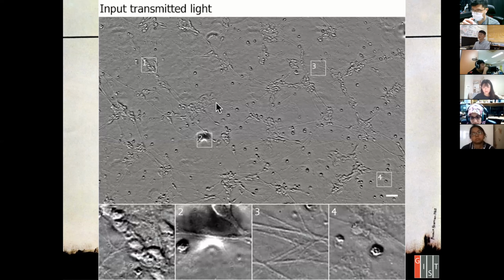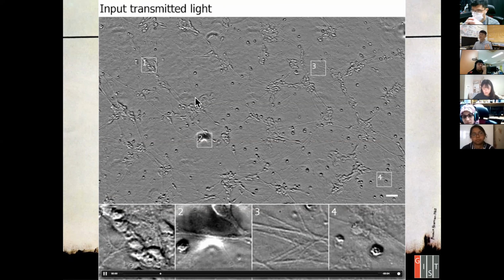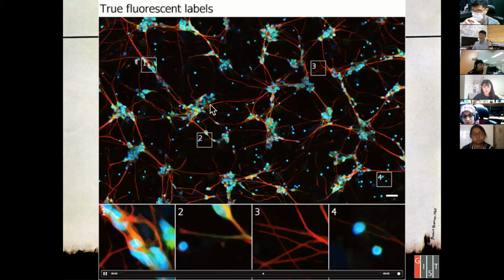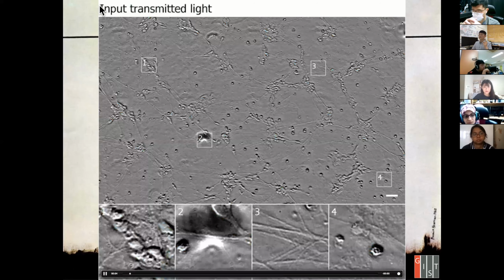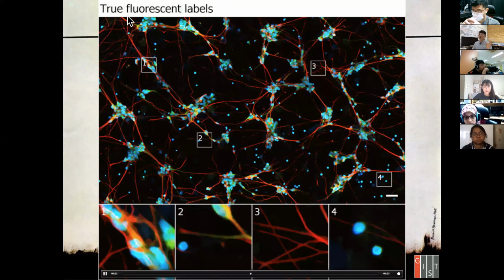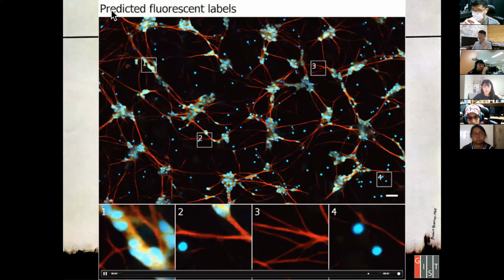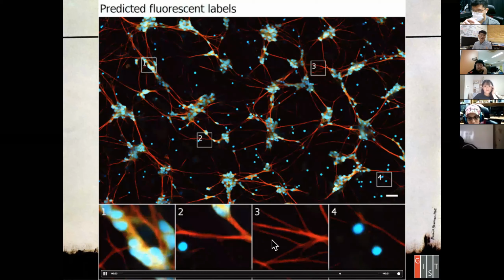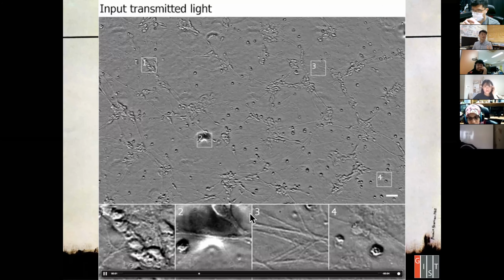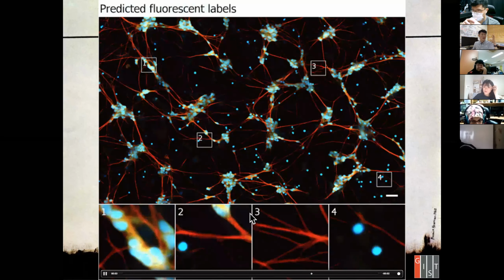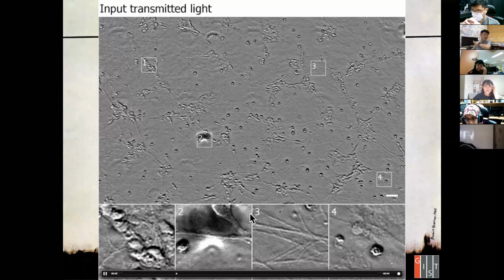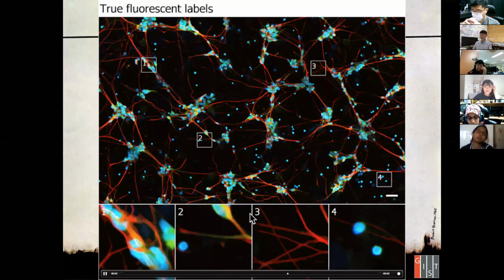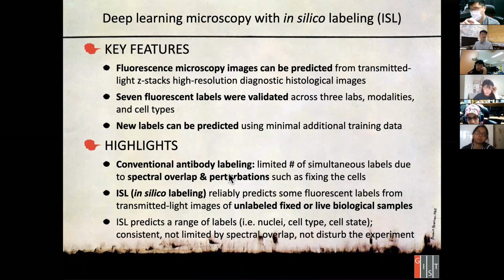Let me give you an idea. So this is the original image, and we stain with the fluorescence. Then this is the true, and the second is predicted. Predicted means from machine learning, true fluorescence and predicted. And there are not many differences between them. So this is an era where we train the computer enough that we don't even need to label the sample at all, because the computer and the algorithm will give out this.